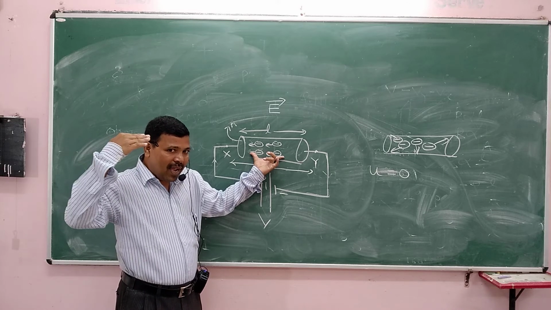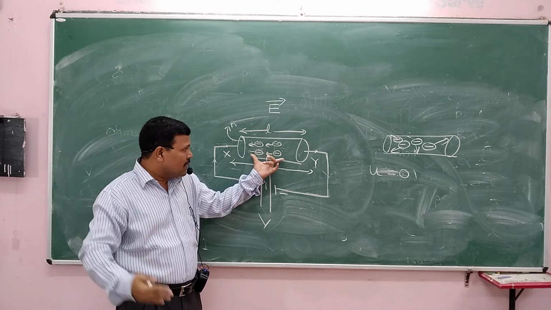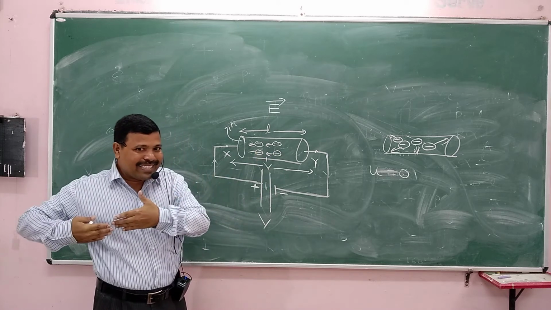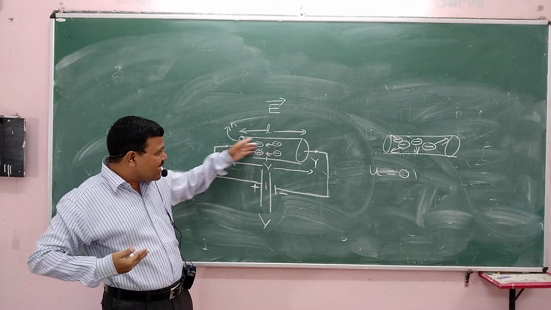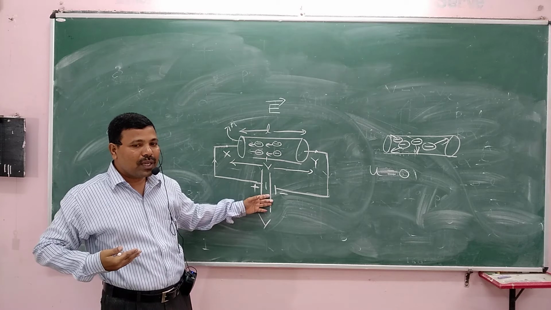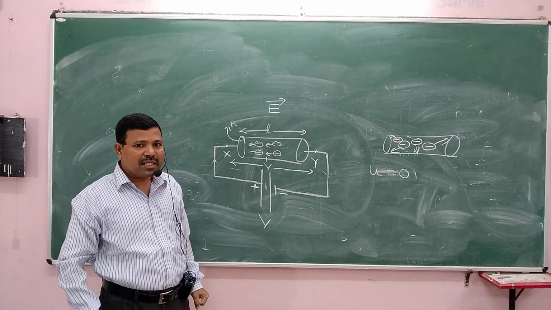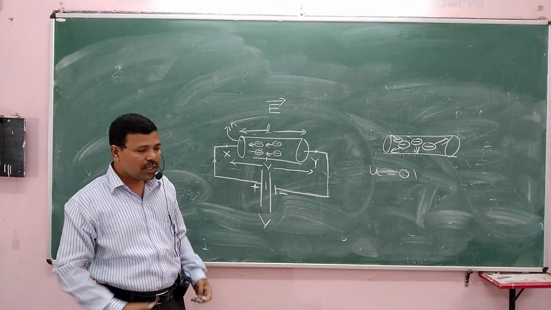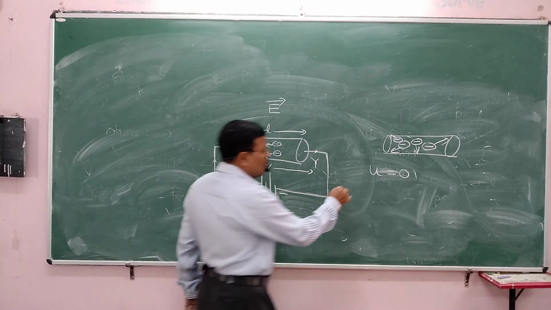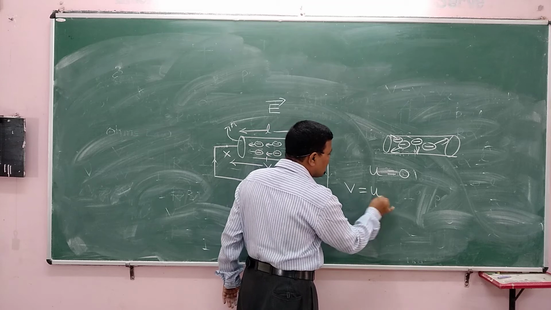At this time, the electrons get accelerated towards the positive terminal. They get a sudden increase in their speed, velocity. So, v is equal to u plus at.